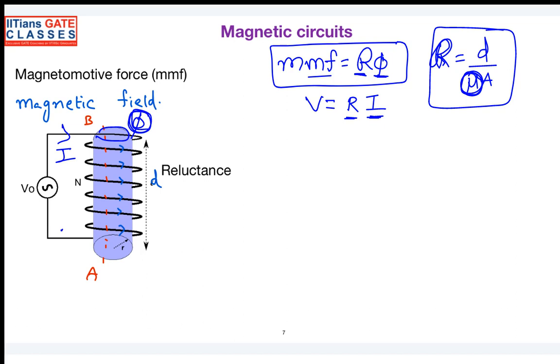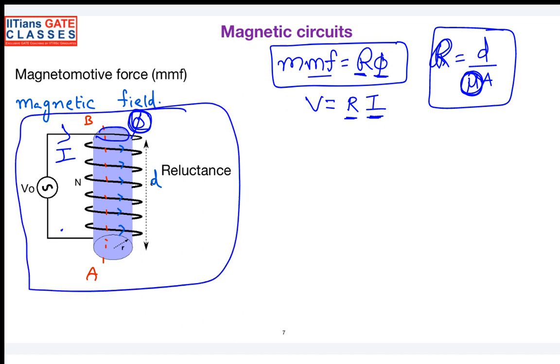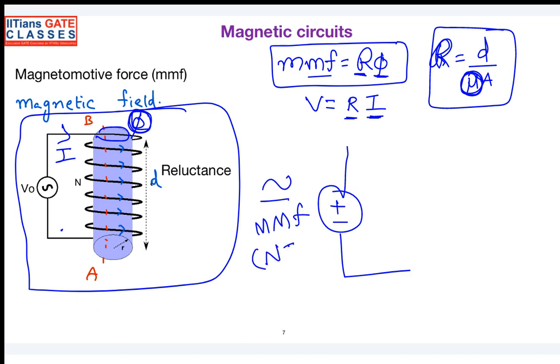So whatever magnetic circuit I have given in a physical model, I was able to replace it with an electric circuit. You can see something like this, where the source is nothing but your MMF itself, which is nothing but N into I. We already saw that.